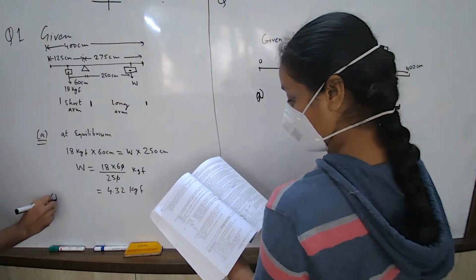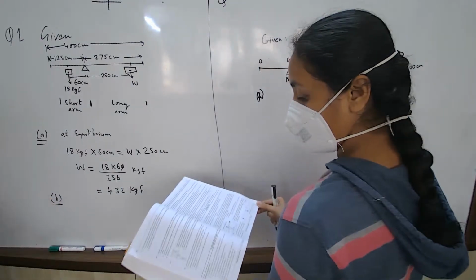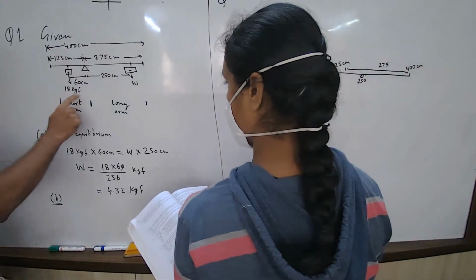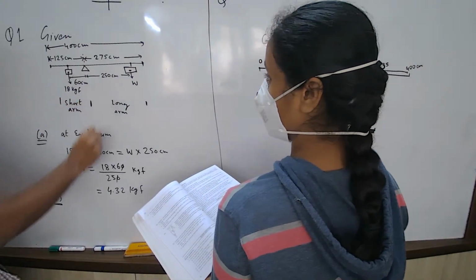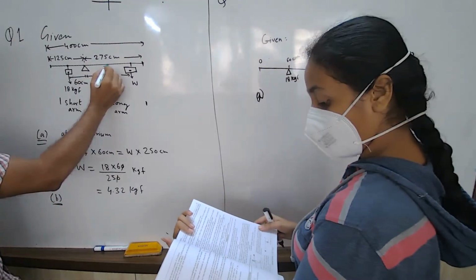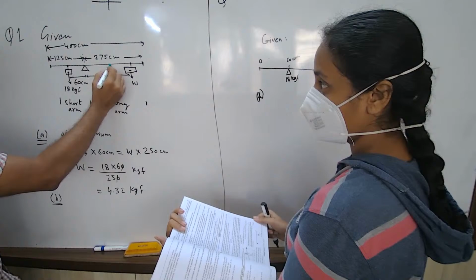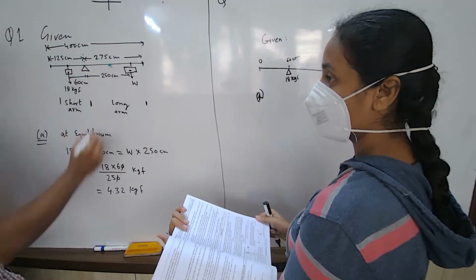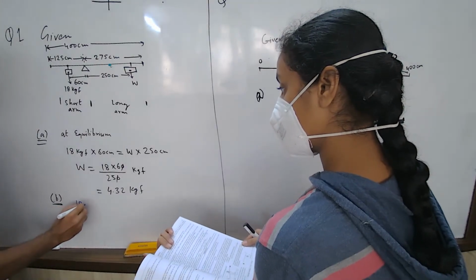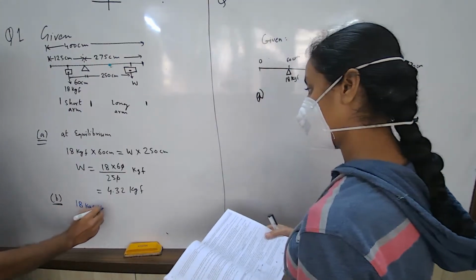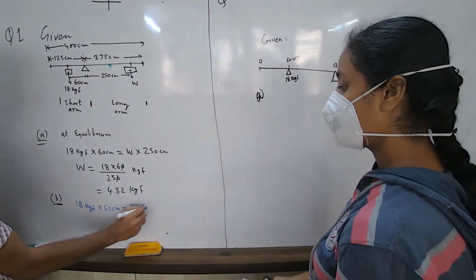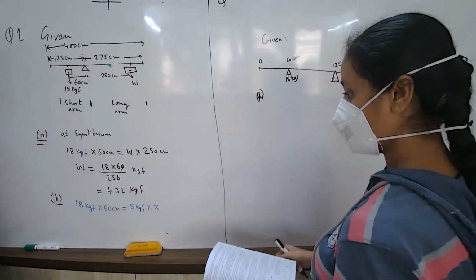B part में क्या है? W is equal to 5 kgf. Where must it be kept to balance the rod. So now we are not changing 18 kgf. Let us say 5 kgf is hung. तो अभी इसका इक्विलिब्रियम क्या बनना चाहिए? So 18 kgf into 60, ये तो पता ही है. This should be 5 kgf into x centimeter, right?